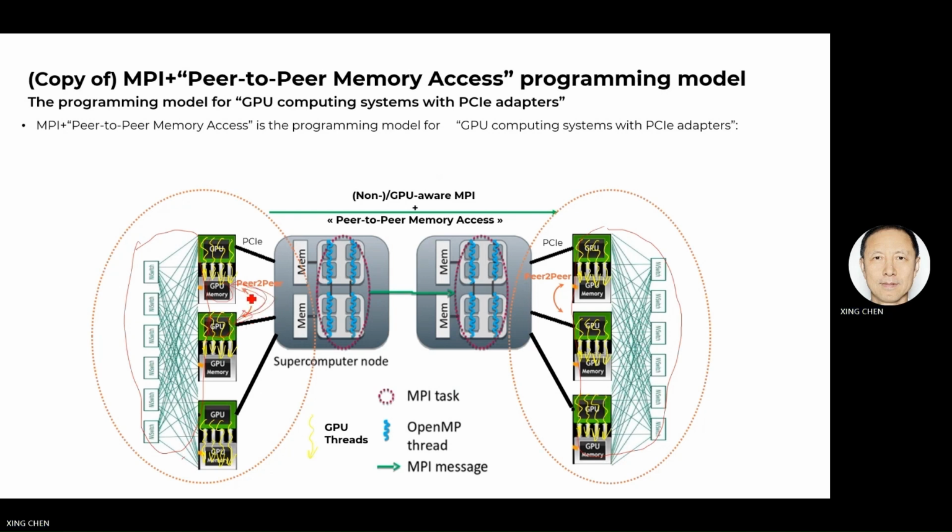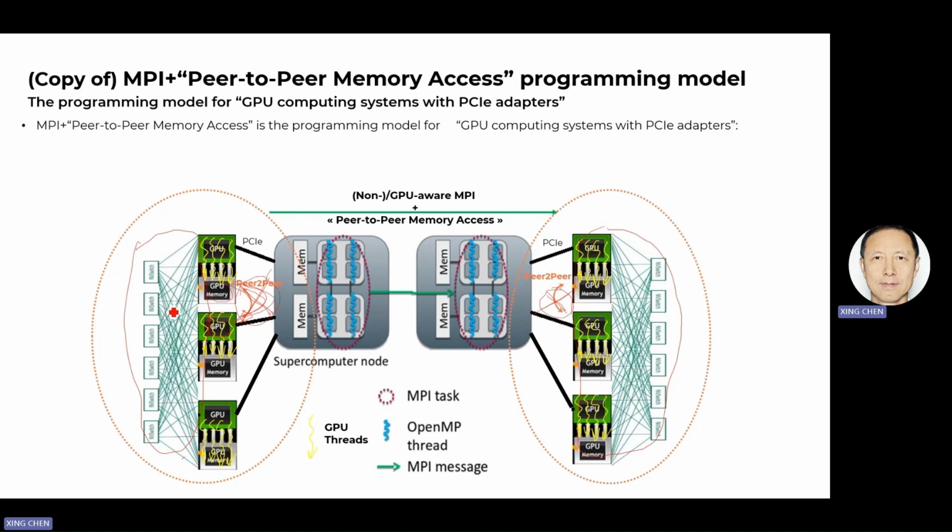If we have this kind of interconnection network between the GPUs, we don't need to go through the PCIe anymore for the peer-to-peer memory access, because PCIe is slow.